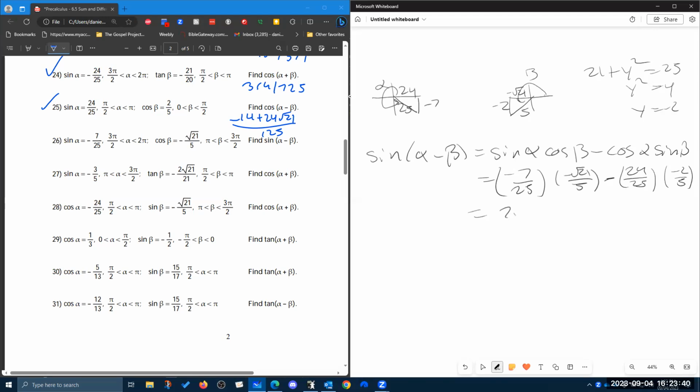This is 7 root 21 plus 48 over 125, and that doesn't simplify any more than that.